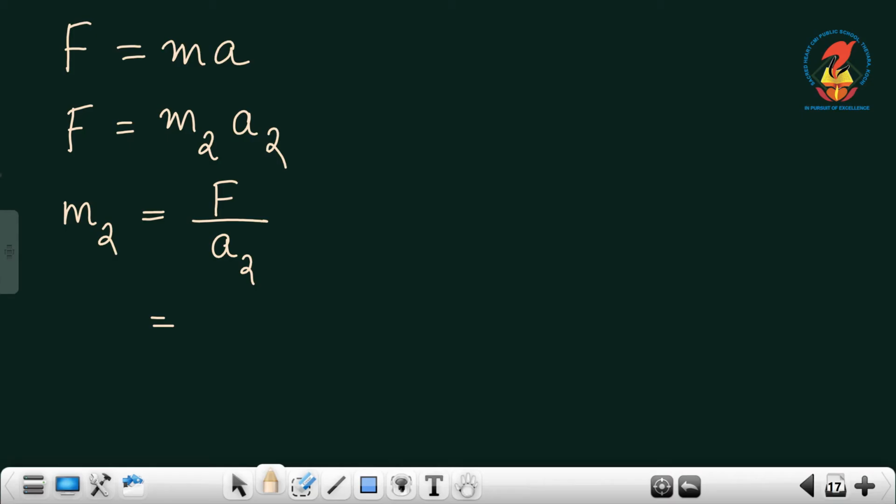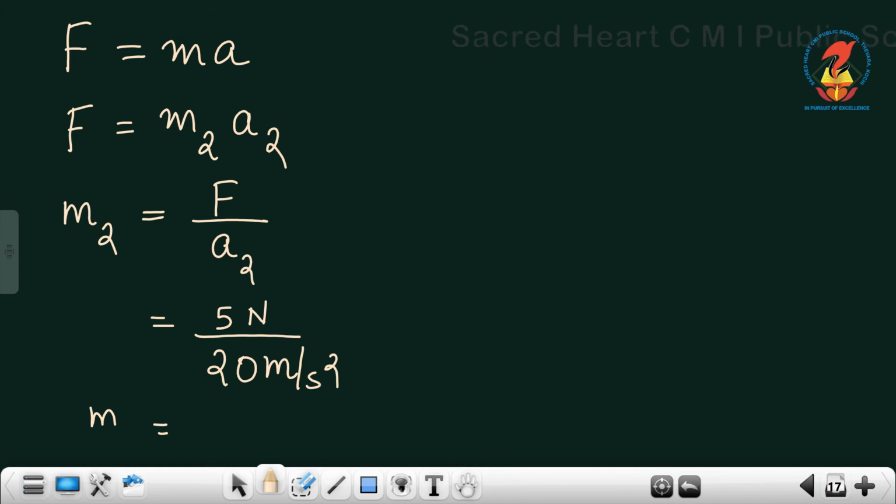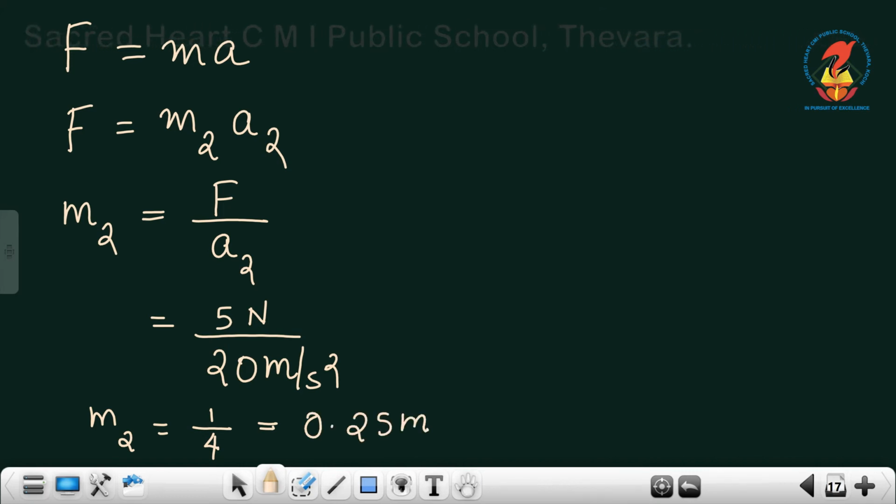When you solve this, you will get m2 as 1 by 4, or 0.25 kilogram. So you solved for both m1 and m2.